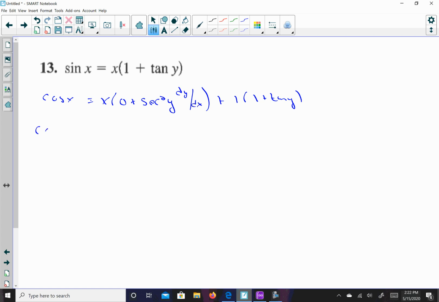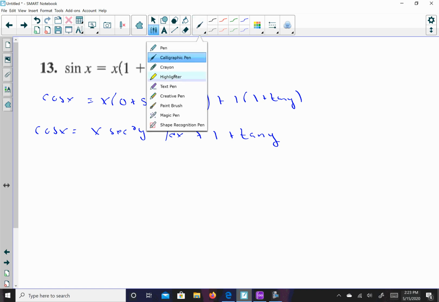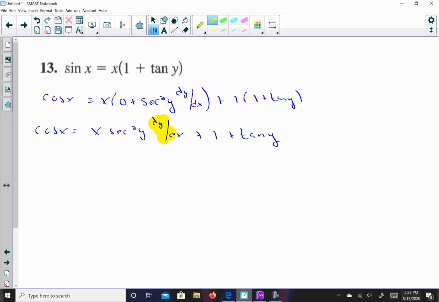So when I do this, I'm going to have cosine x is equal to, distributing the x, x times secant squared y dy/dx, plus, distributing this 1, 1 plus tangent y. Now solving for dy/dx, the only thing that has the dy/dx is this term right here. Everything else doesn't, so it's all going to go over to the other side.